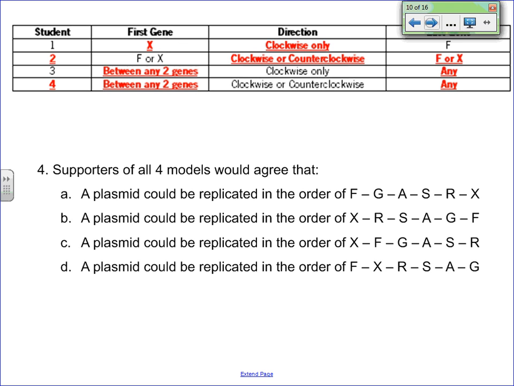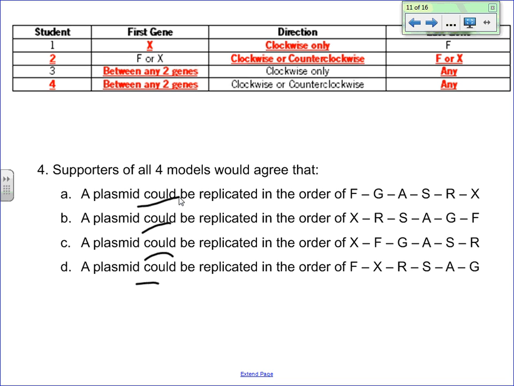All right, so let's go on to number 4. Supporters of all 4 models would agree that, and you'll notice these are all coulds, not musts. So a plasmid, now the easiest way to take a look at this is you could go through and test every single one, see which one is right and which one is wrong. Another way to take a look at this question is to find the pickiest student.